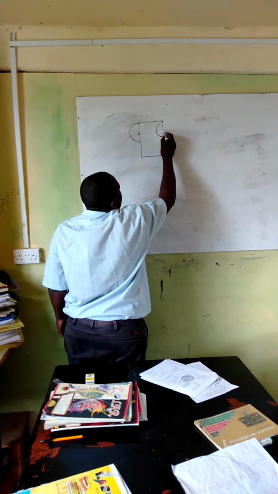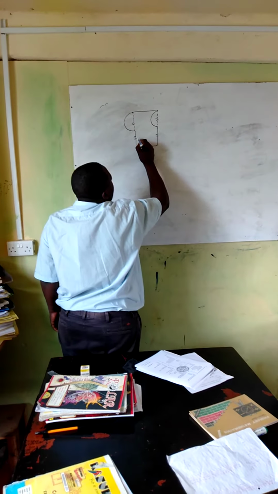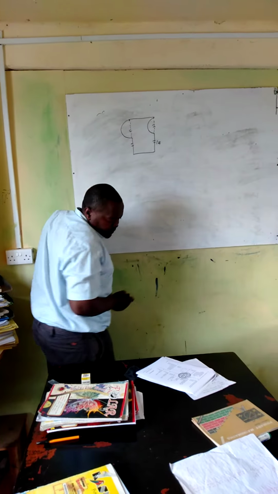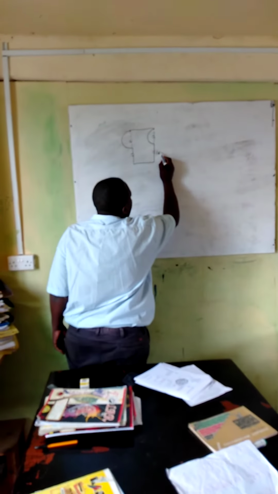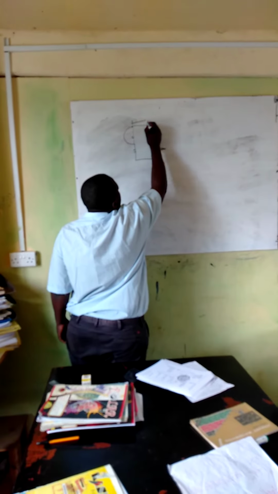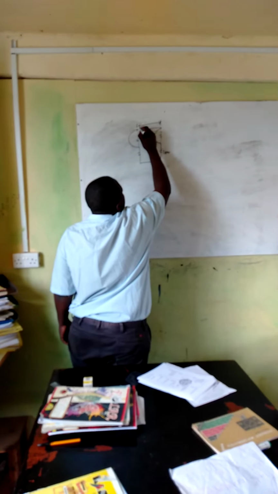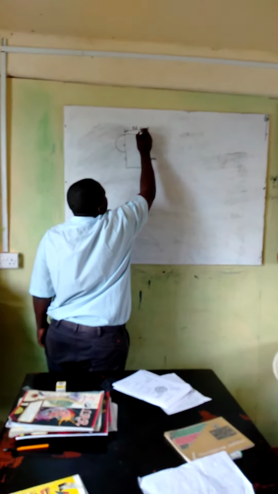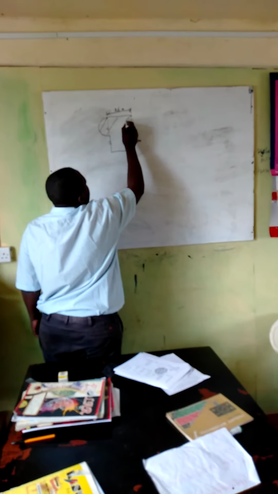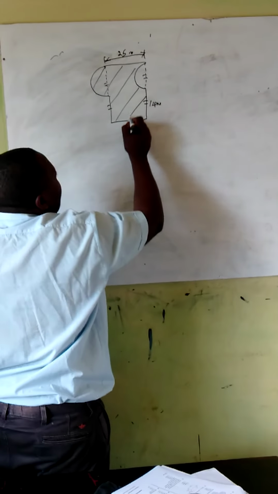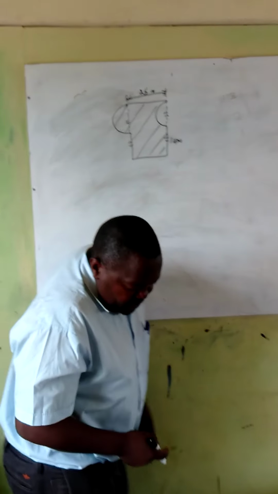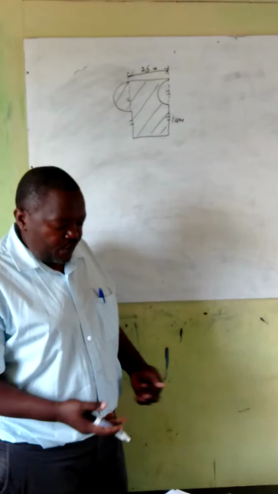We are told that these sides are equal. This is 14 meters, and from here to here is 25 meters, and then this part is shaded. We are supposed to look for the perimeter of that piece of land.